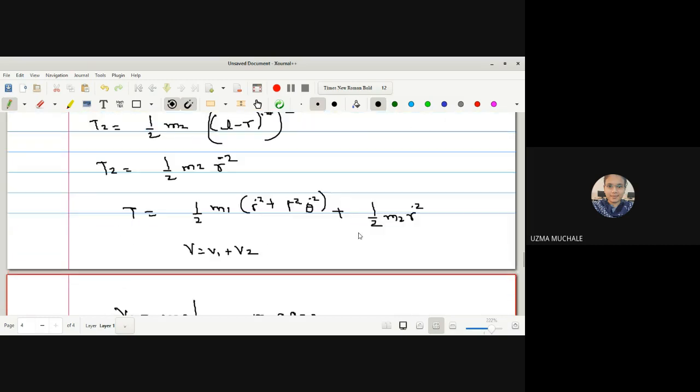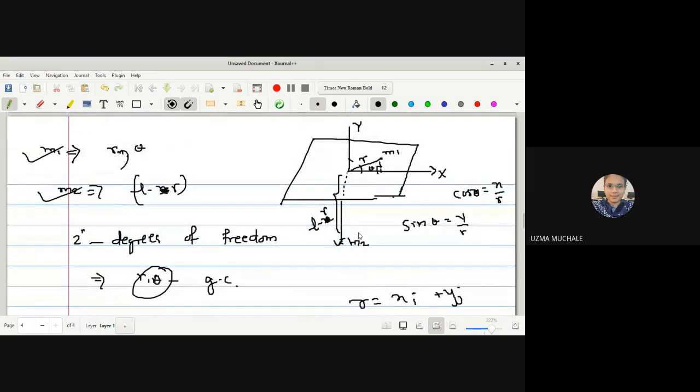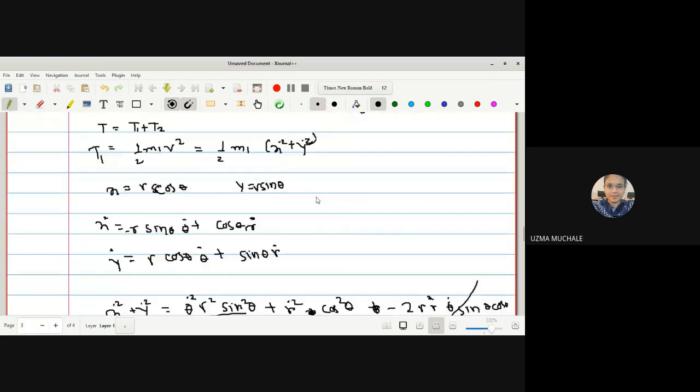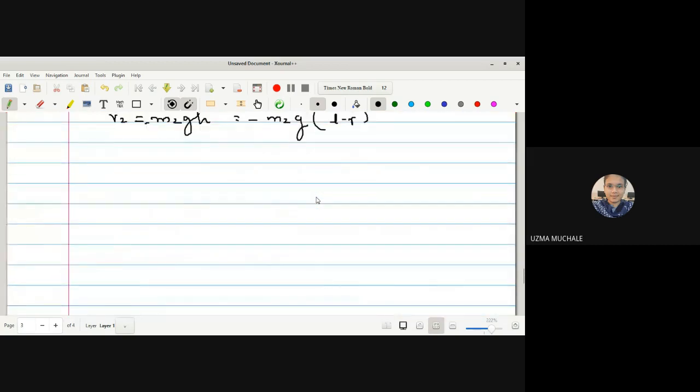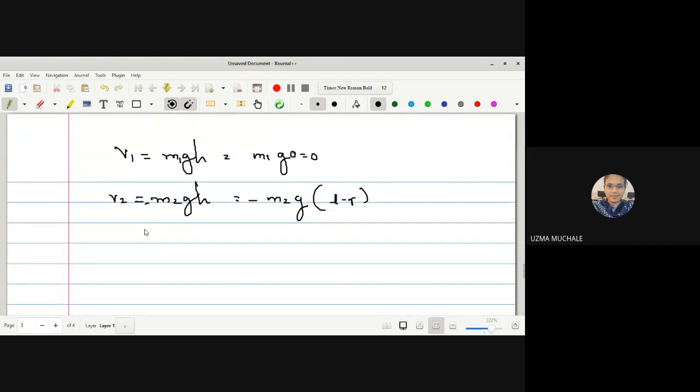You can see mass m2 will be described by the position L minus r. So here you can write directly the total potential energy will be 0 minus m2 g (r minus L).